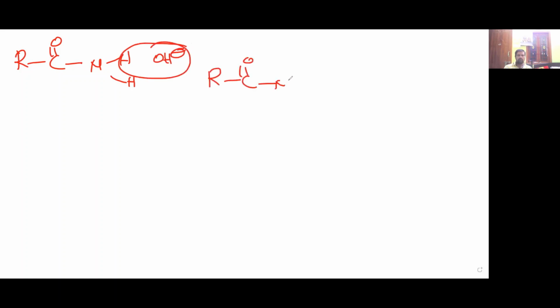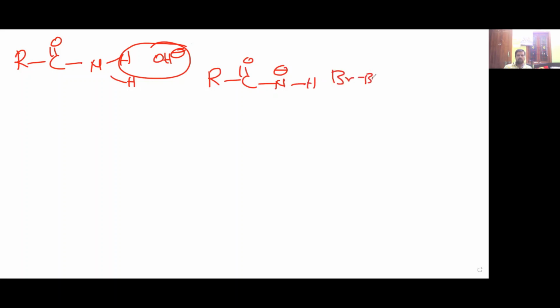Here the reaction intermediate is alkyl isocyanate. Just once again, R, C double bond O, NH2. Briefly I will tell. OH minus you added, water is eliminated, then RC double bond O, N minus hydrogen.